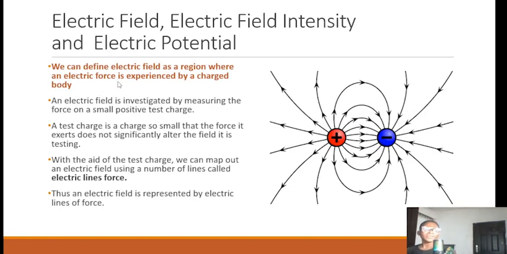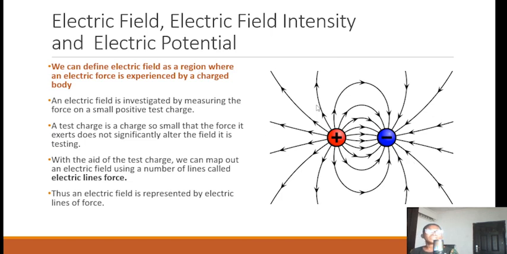So we can define electric field as a region where an electric force is experienced by a charged body. Just like a football field is that place, an electric field is a region where an electric force is experienced by a charge, just like a gravitational field is that area where the force of gravity is duly felt.